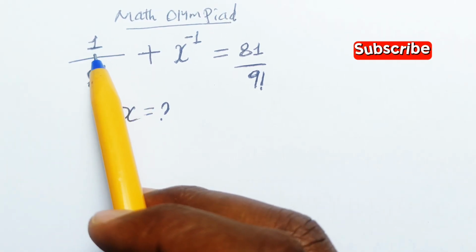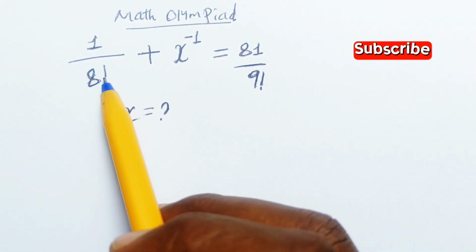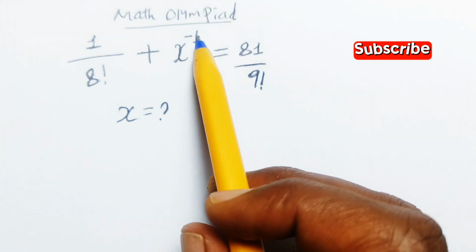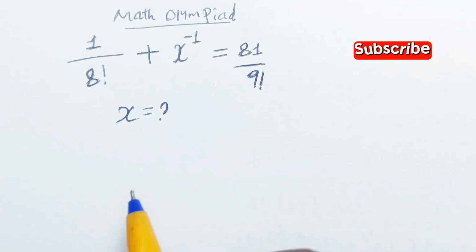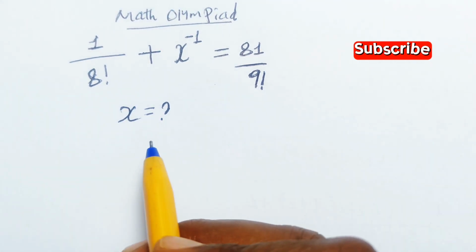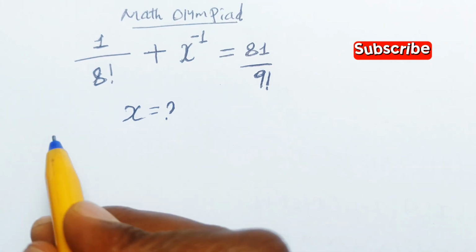So the question is 1 over 8 factorial plus x to the power of minus 1 equals 81 over 9 factorial. Let's find the value of x.